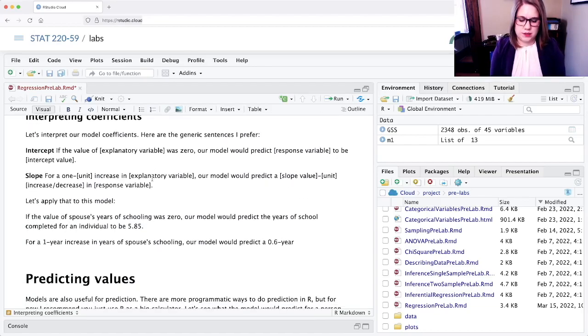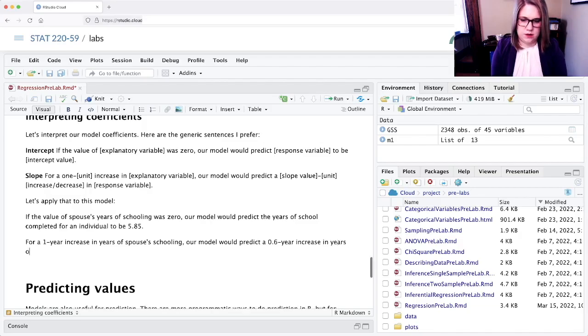A 0.6 year increase in the response variable, which is years of school completed for an individual. So if the spouse's schooling goes up by 1 year, our model would expect the other person's school to go up by 0.6 years. That kind of makes sense to me. It's kind of close to a 1-to-1 comparison, but it's not exactly a 1-to-1.